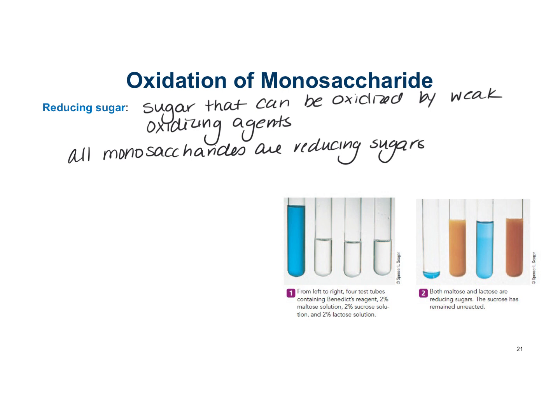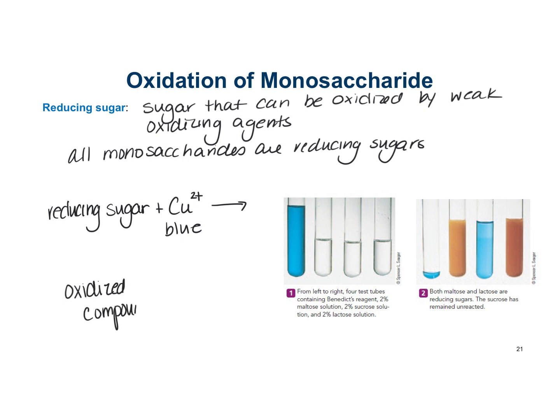So this means when you put a reducing sugar in a test tube with Benedict's reagent, which is the Cu2+, which is blue, that is going to go through a reaction and you're going to get an oxidized compound and Cu2O, and that is going to be kind of that red-brown color. And so here is an example of that.